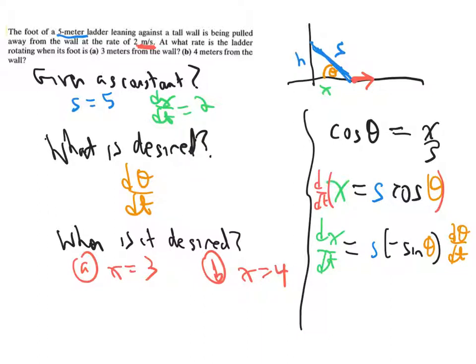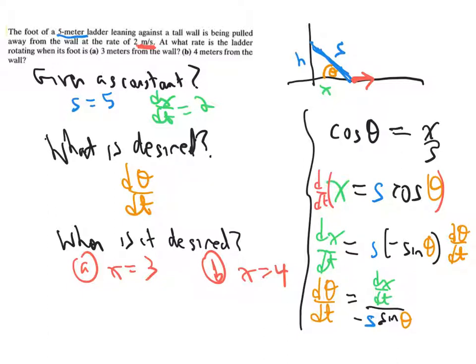This allows us to solve for d theta/dt, which is clearly going to be just dx/dt over minus s sine of theta.